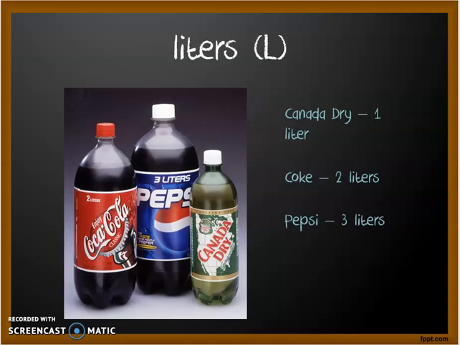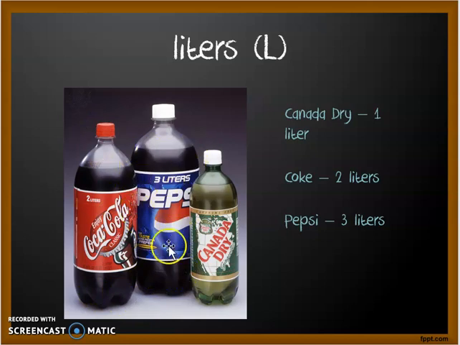Here's another picture to give you a good idea of what a liter is. If you look at these soda bottles, this picture of a Canada Dry ginger ale is a liter bottle. This is a 2-liter bottle of Coke.